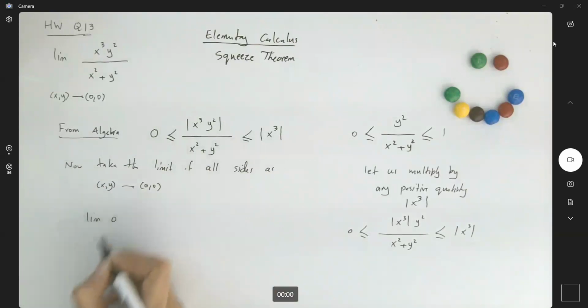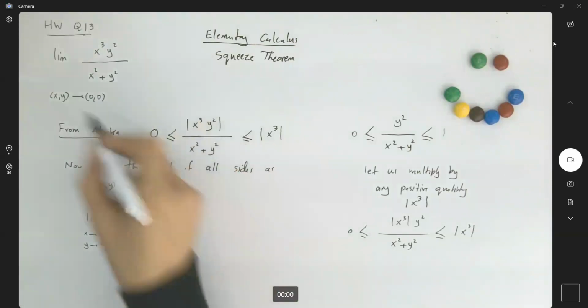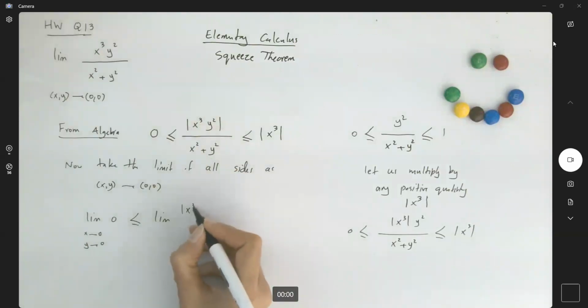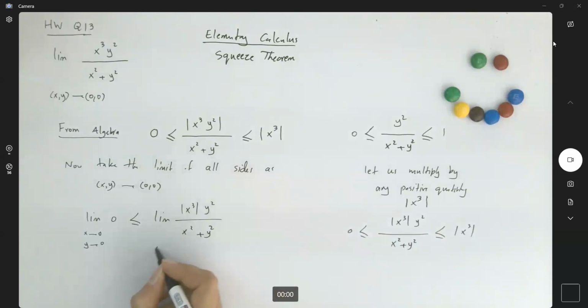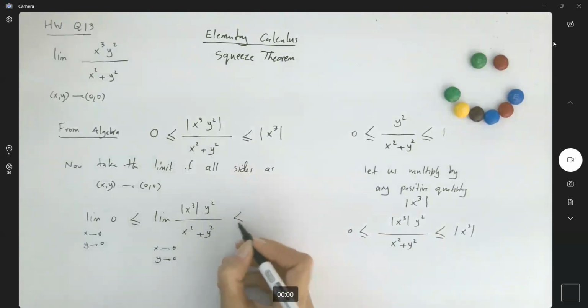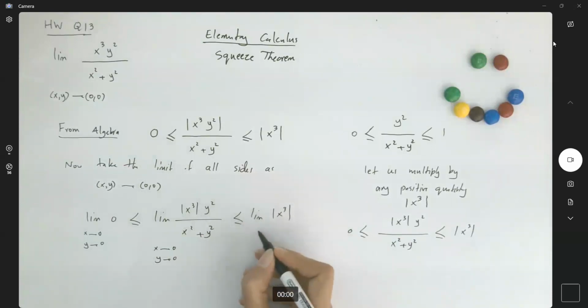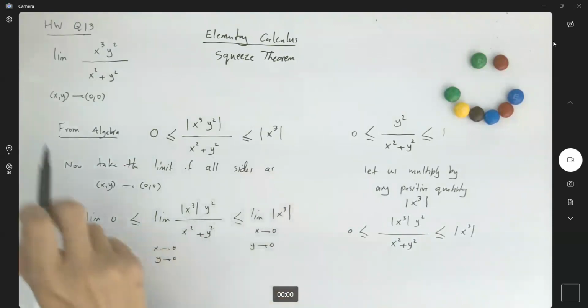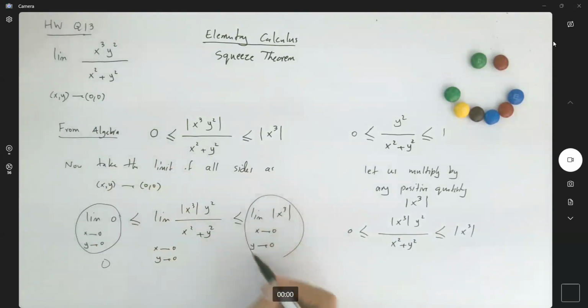The limit of 0 is just going to be 0, all right? 0 is less than or equal to the limit of this function that you're trying to find, x cubed y squared divided by x squared plus y squared as x goes to 0, y goes to 0, which is less than or equal to the limit of the absolute value of x cubed as x goes to 0, y goes to 0. There is no y here, but we're going to write it down for the sake of the limit. This is 0. This is also 0.